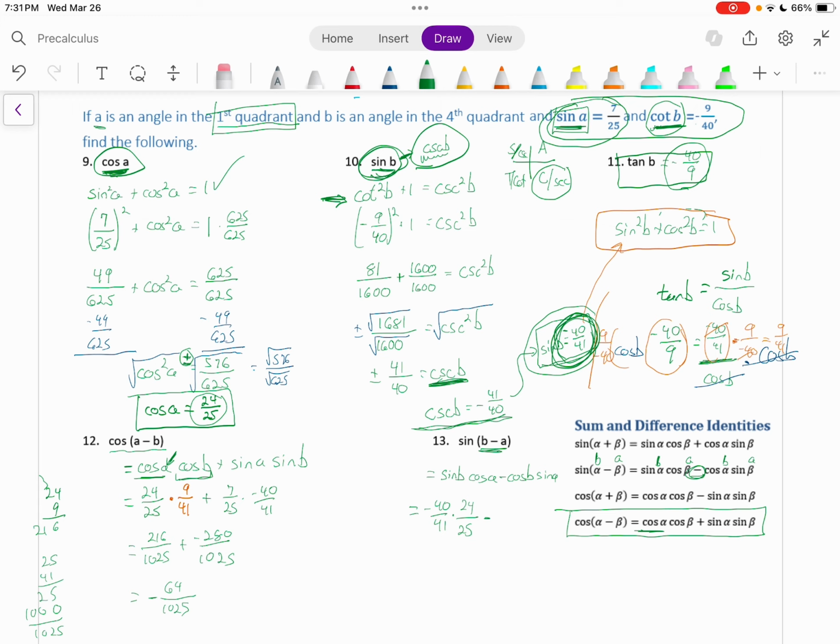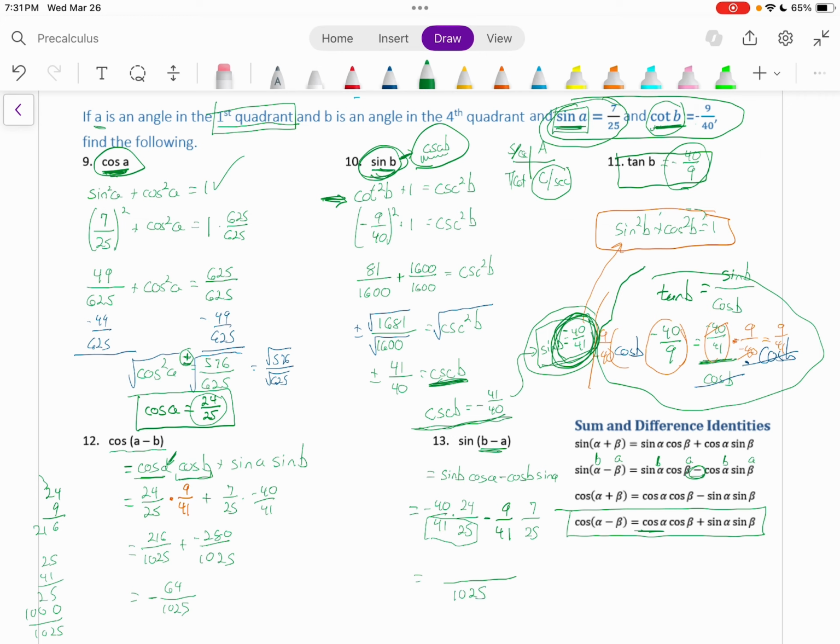We worked on it over here. Maybe we didn't use it till over here, so that was 9 over 41. And sine of A, 7 over 25. Well, we already multiplied 41 and 25. Hopefully we did it correctly, but so we're going to have a common denominator of 1025.